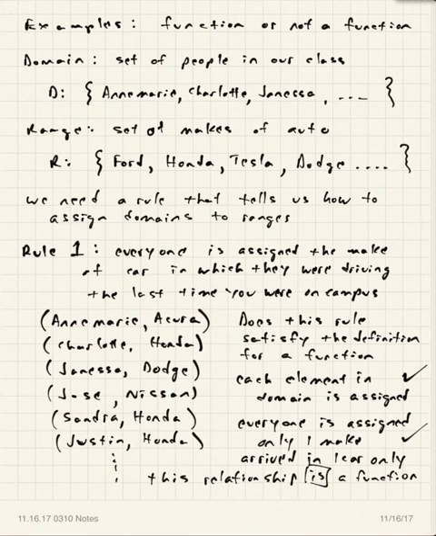Notice that in my list of ordered pairs, there were some y values that got repeated, right? Because we had multiple people being assigned to Honda. And there's probably others that got repeated also if we looked at everybody in my class.